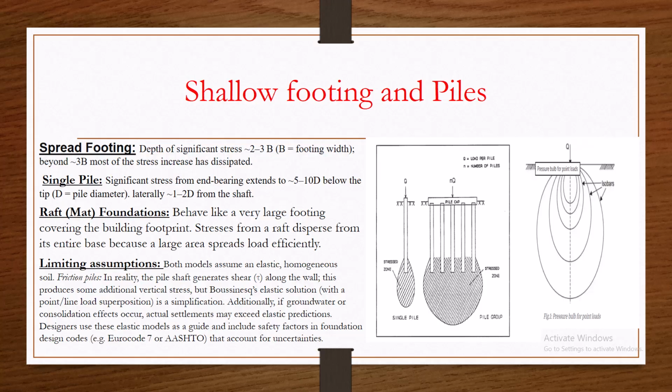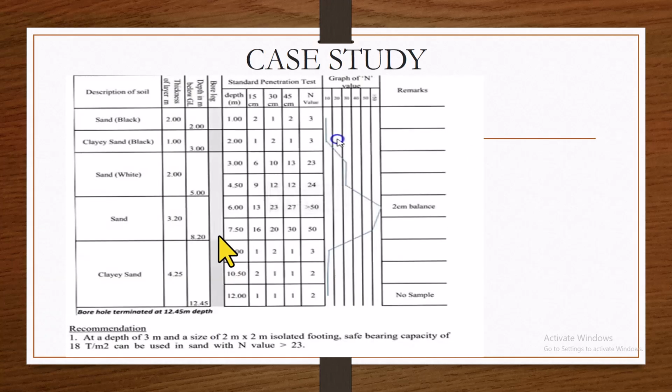All right. So now let's look at a case study. This is the soil profile for this soil test, and this is the depth, this is the thickness of the soils, and this is the N value.